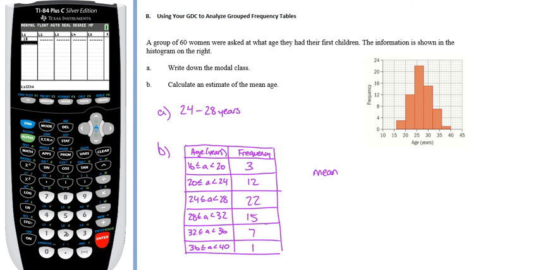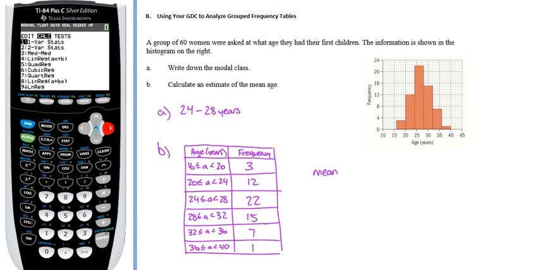So 18, 22, 26, 30, 34, and 38. Just like in the earlier example where we identified midpoints to calculate the mean, we are using midpoints in the calculator to find an estimate for the mean as well. L2 is going to be your frequency, 15, 7, and 1.